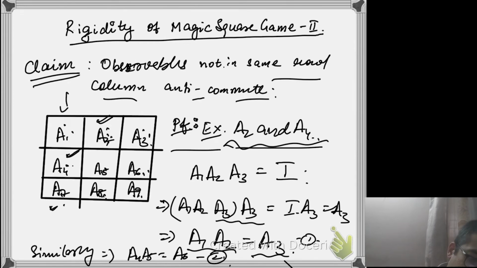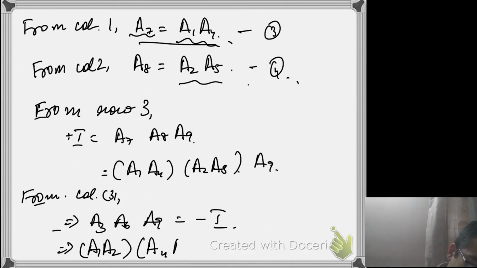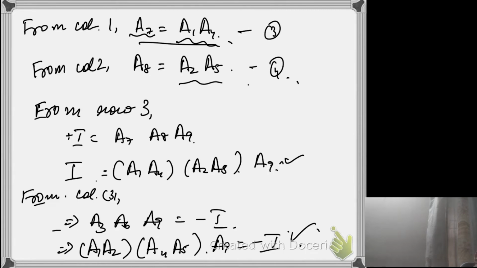So A1 A2 A4 A5 A9 equals minus I. So let's compare these two now. I have plus I equals A1 A4 A2 A5 A9.